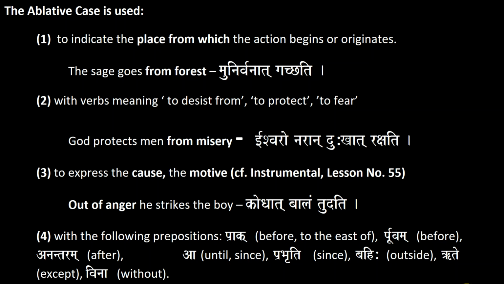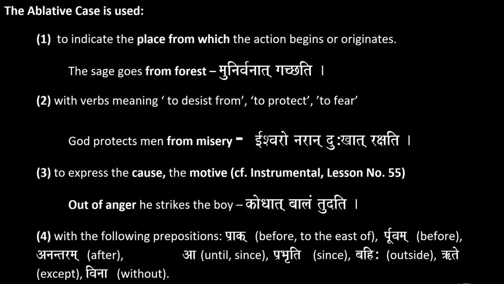In the previous video, we were introduced to the masculine nouns that end with i and u, and you got a new declension table. Now we're going to learn how to use the ablative case. There are 4 ways the ablative case is used. Number 1, to indicate the place from which an action begins or originates.